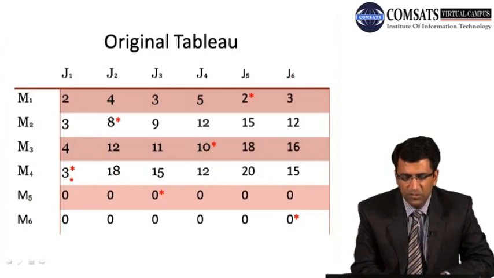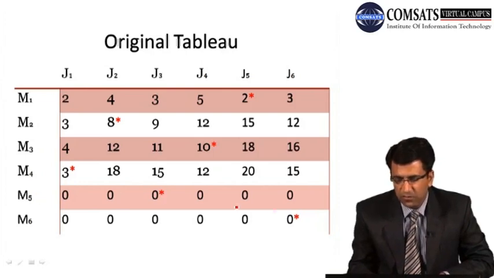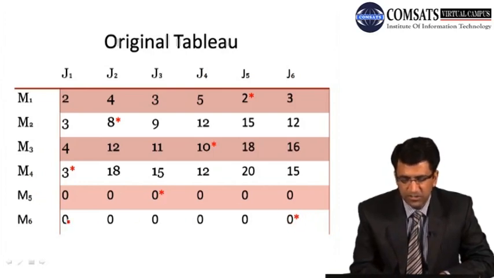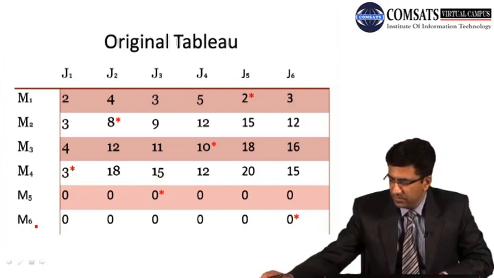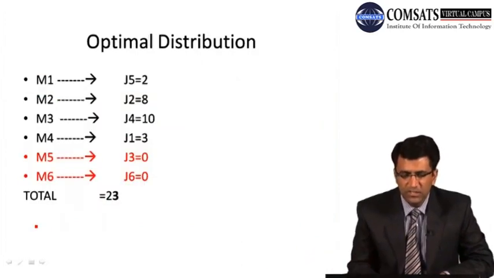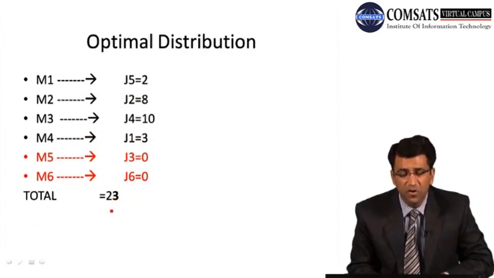Cost for assigning job 1 to machine 4 is 3. Cost for assigning job 3 to machine M5 is 0. Cost for assigning job 6 to machine 6 is 0. So if we add up these costs, you can see that for this particular assignment plan, we will have the total cost of 23. So this is the minimum assignment cost.